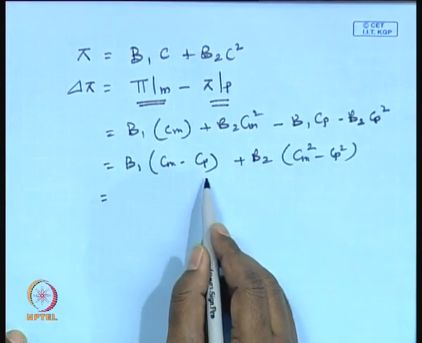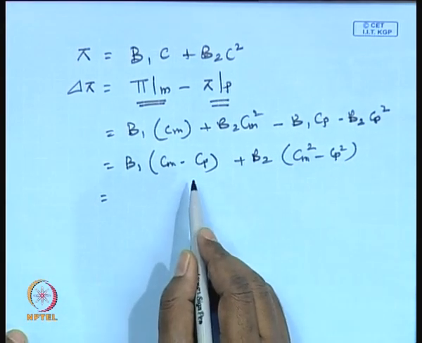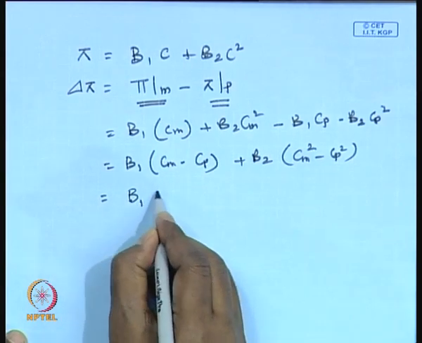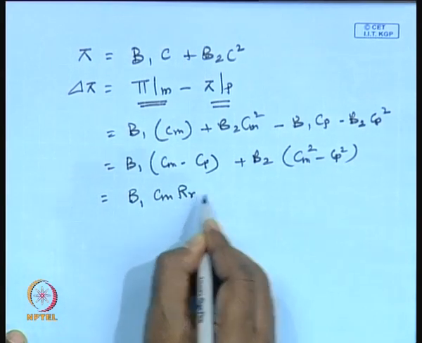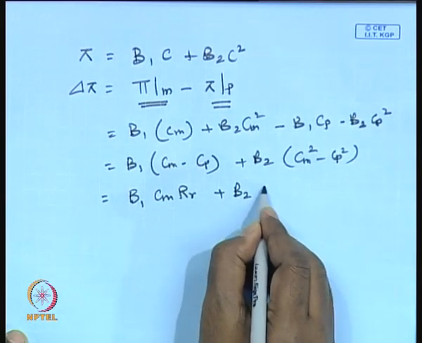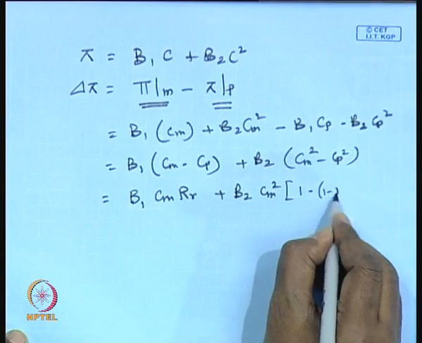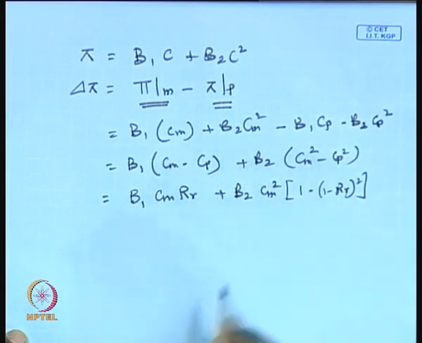Now, again we will replace Cp in terms of Cm through the definition of real retention. If you do that, this becomes B1 Cm Rr plus B2 Cm square 1 minus 1 minus Rr square. So, what you get?